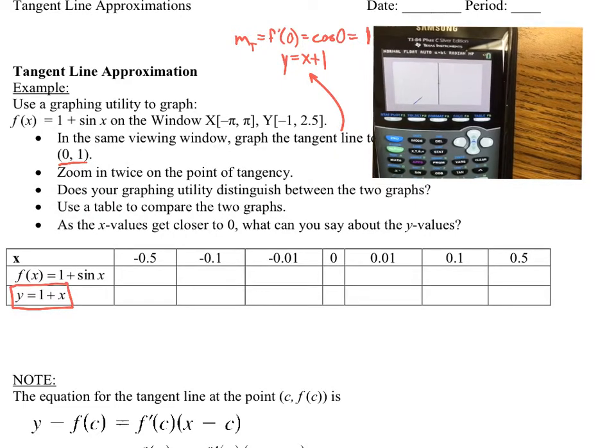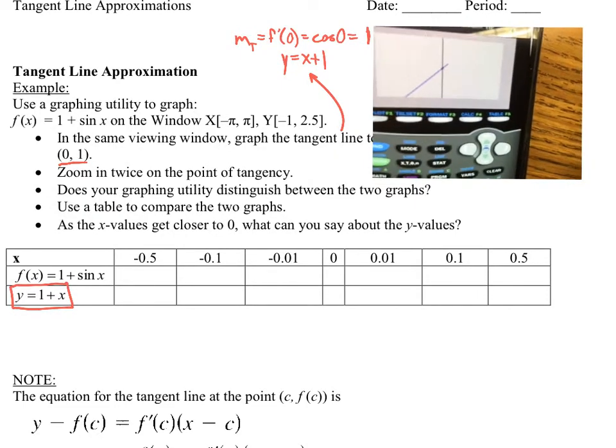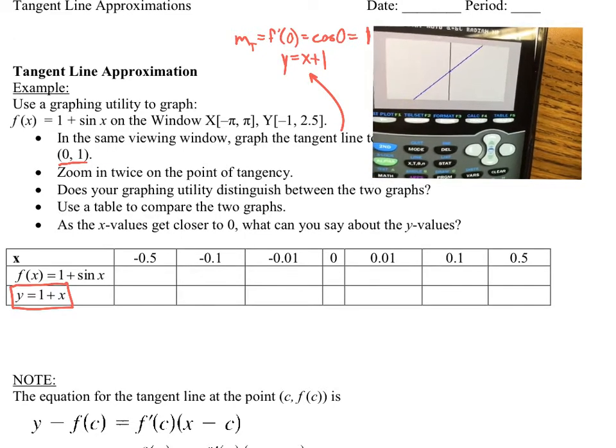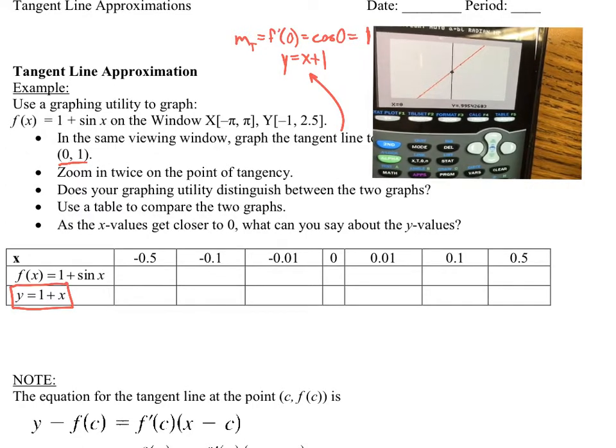And notice here now, the next question was, does your graphing utility distinguish between the two graphs? Well, especially if you have a black and white one, you're not going to see any difference. It's just going to look like one line. Here you can kind of see both the blue and the red showing up.